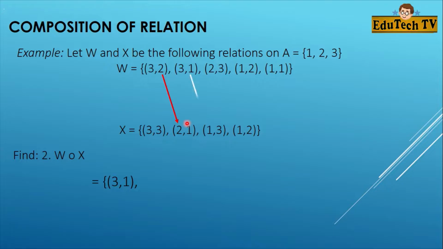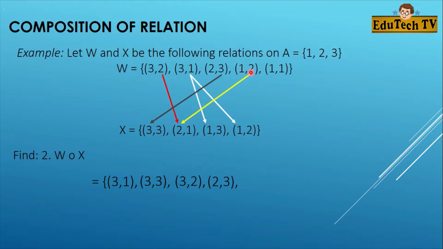Next, we have also (3, 1), (1, 3). So we have (3, 3). Another, since we have 1 here, okay, so we'll have also (3, 2). Next, (2, 3), (3, 3). So we have (2, 3).